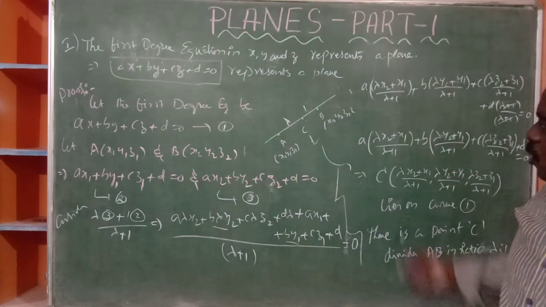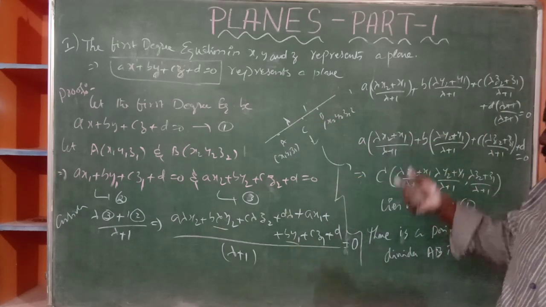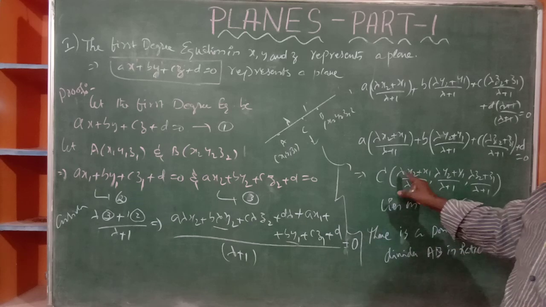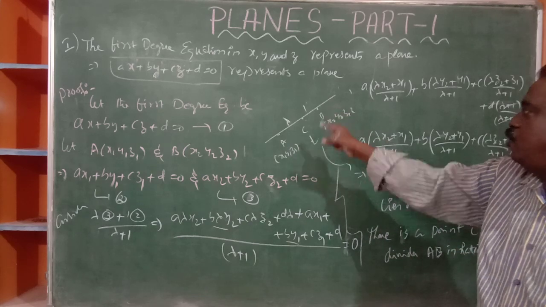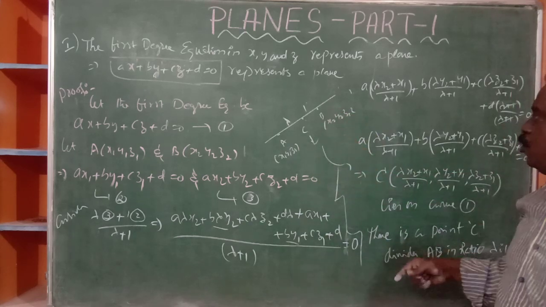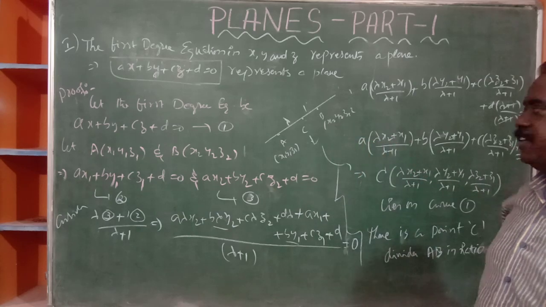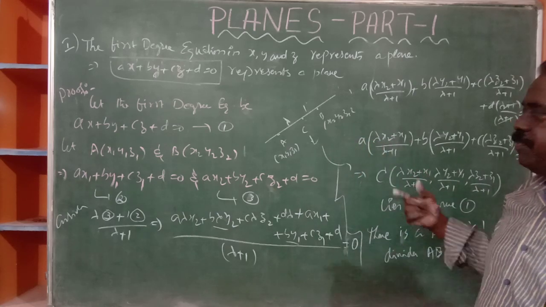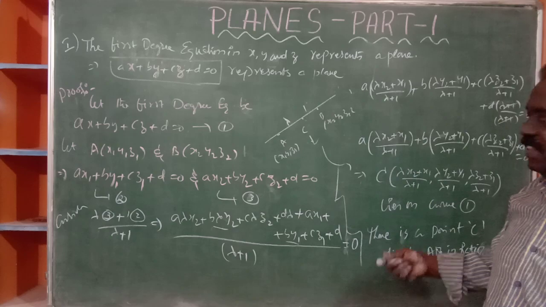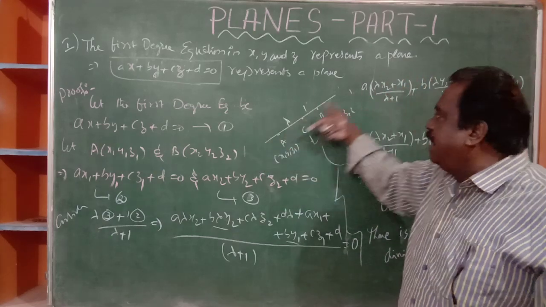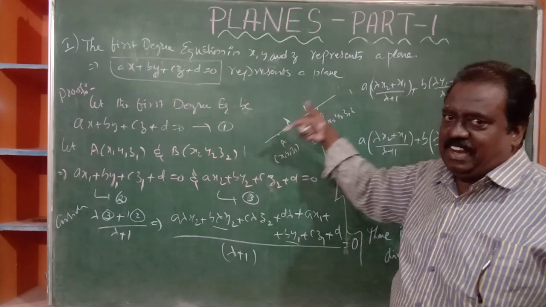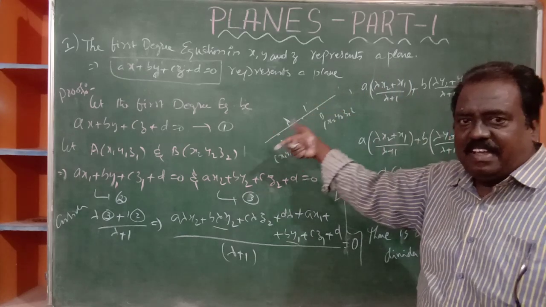Okay? So the C point is moving for different values of lambda. Lambda is 1, that is 1 is to 1, means midpoint. Lambda is 2, it is the trisection point. Lambda is 3, 4, 5, minus 6, like that. It is moving on the line of AB.